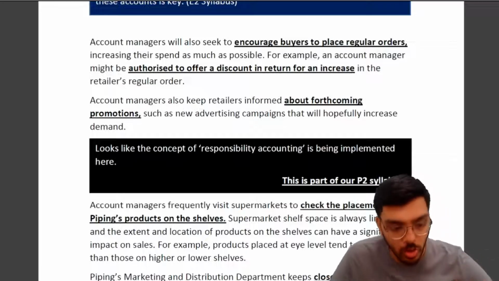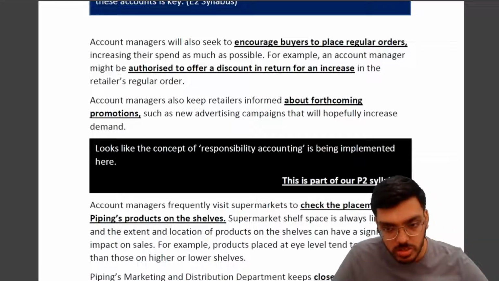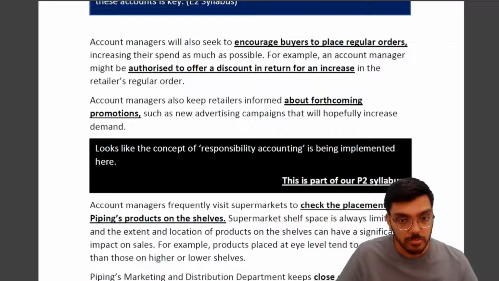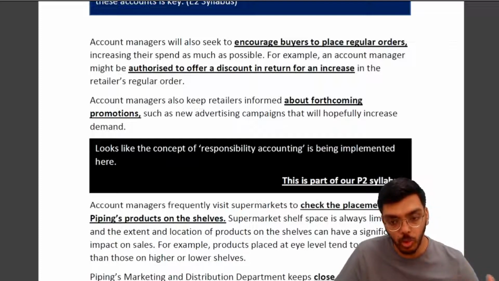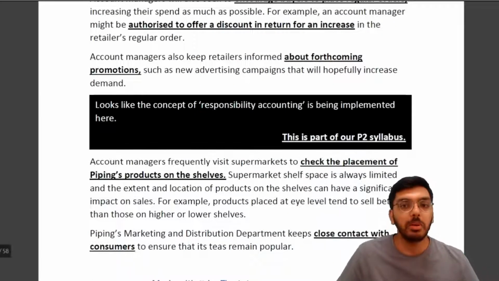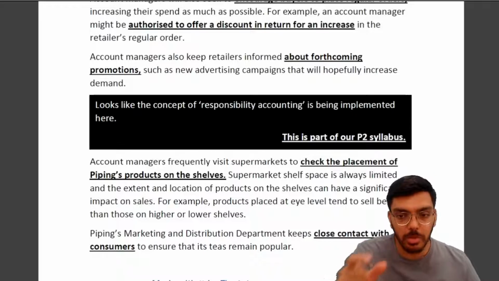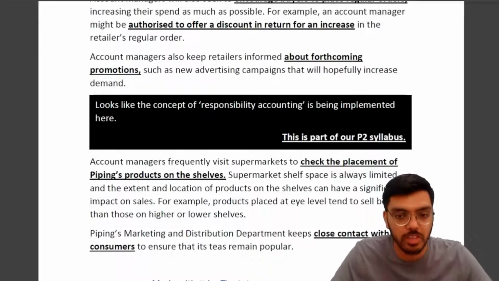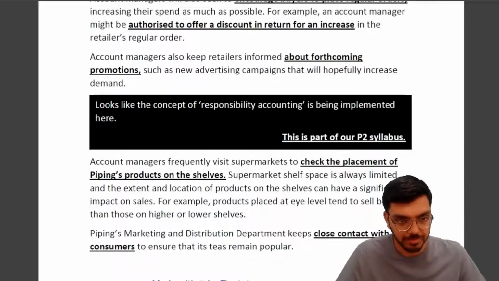So he's more accountable, and you can better judge his performance. This is part of your P2 syllabus. So Piping is employing techniques that are modern, but they need a little bit of further modernization. We'll speak about it as we go deeper into the pre-seen.